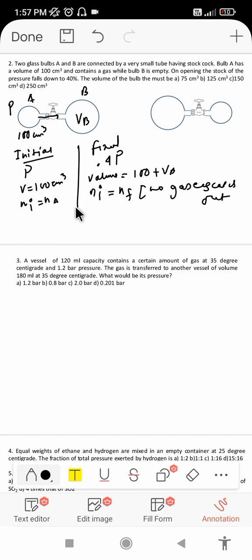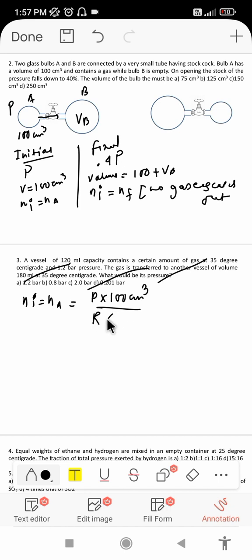Initially, what was there is equal to Na, that was P into volume 100 centimeter cube by R, the universal gas constant, into temperature T. They didn't say about any change of temperature.